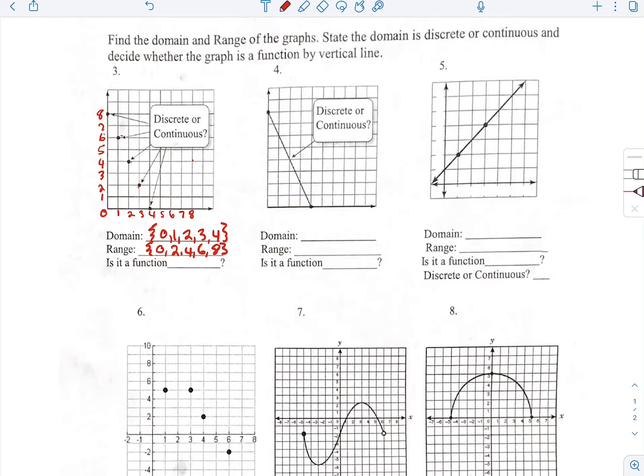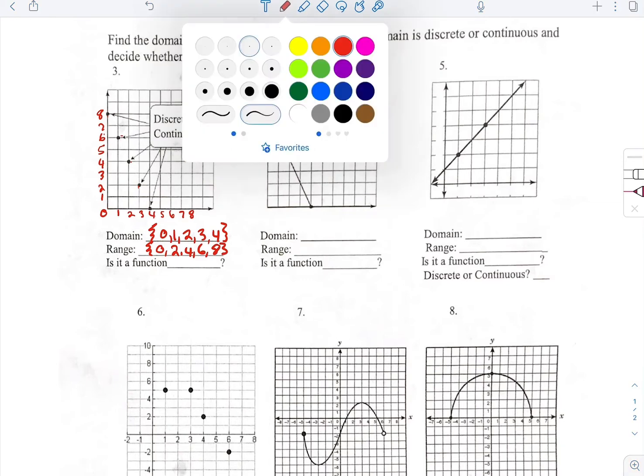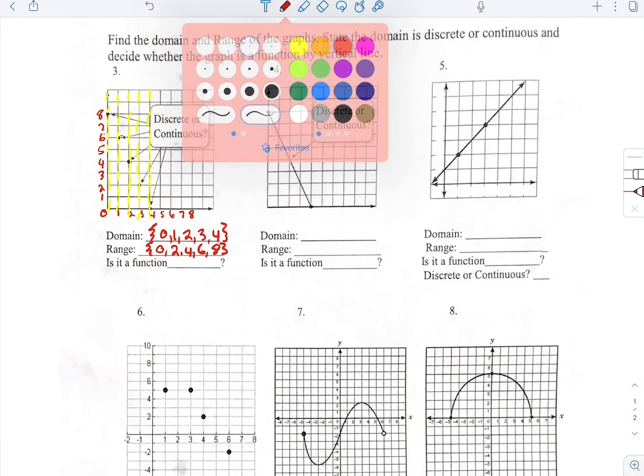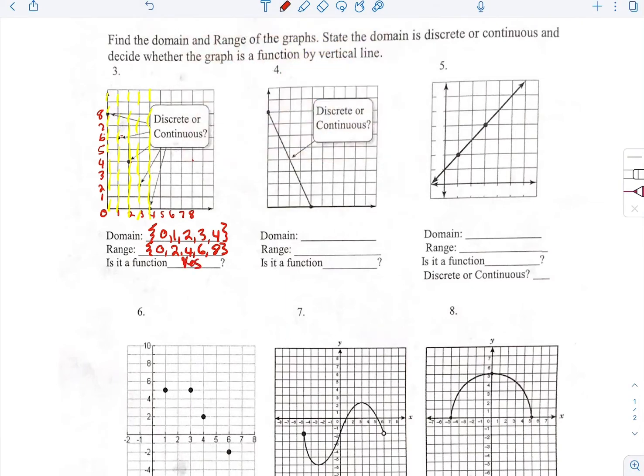Now, is it a function? We're trying the vertical line test. We're drawing this vertical line to see if the points cross each vertical line in more than one spot. And it looks like the answer is no. So yes, it is a function.